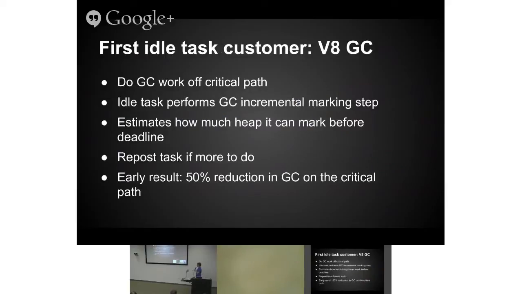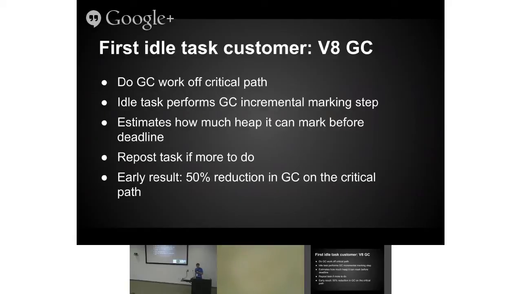And the first main customer for these idle tasks is the V8 garbage collection, and specifically the incremental marking step of that. The advantage we get here is that if we do this garbage collection proactively, then that's work we don't have to do on the critical path anymore. So we're making the critical path faster as a side effect.